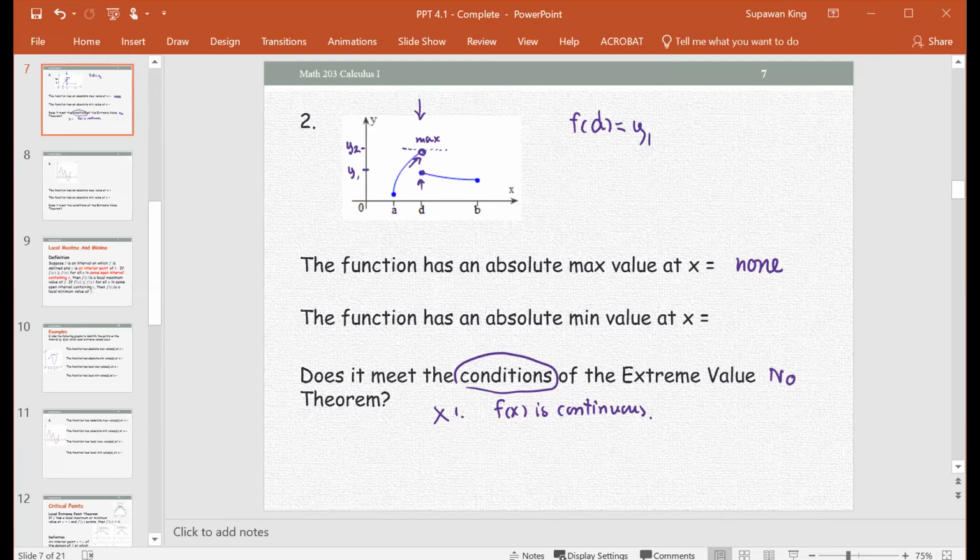And the second one here, for the absolute minimum value for the entire graph, this is the lowest, and we can name the function value at that point. So at x equals a, you get the absolute minimum value, and that value is the function at a.